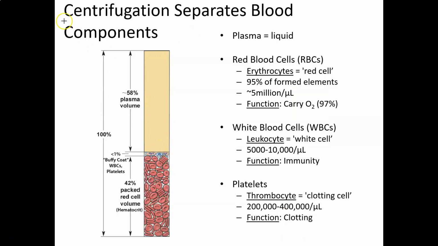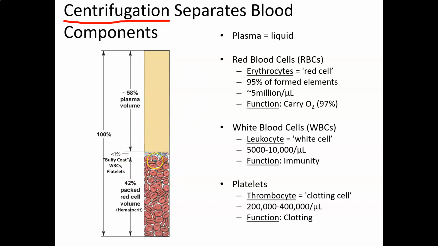Another way to look at whole blood is after centrifugation. Centrifugation separates blood into its various components. What you do is you take a tube or vial of blood, you put it in a centrifuge, which spins very, very quickly, and it separates the blood into a couple different components.